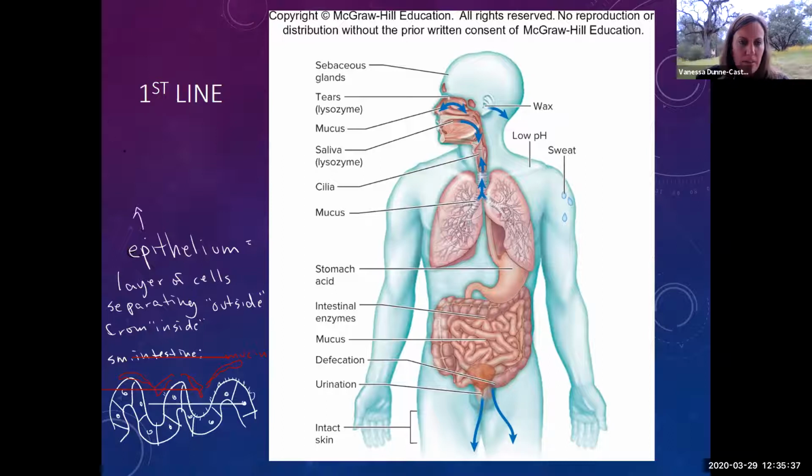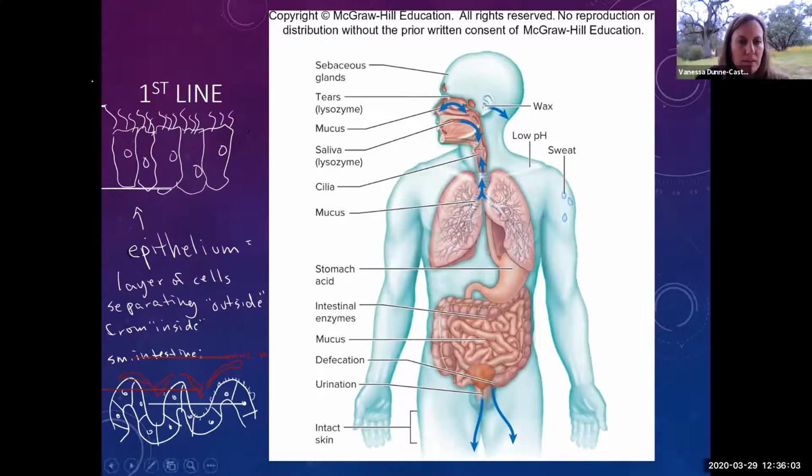In, for example, the respiratory tract, we have different types of epithelium. These are columnar epithelial cells, and these guys have these things called cilia. Cilia are hair-like projections, and here's our nuclei here.